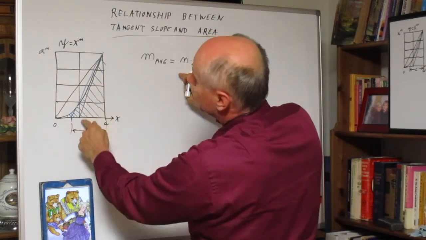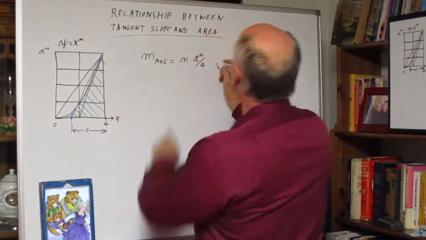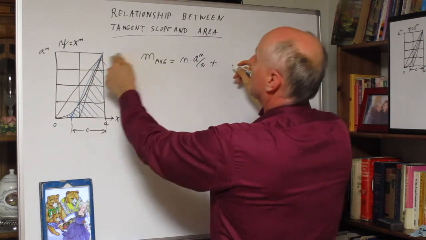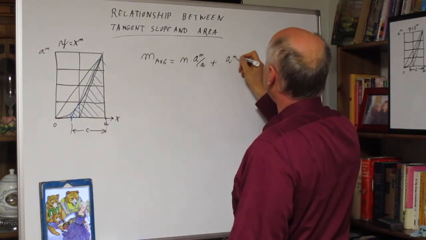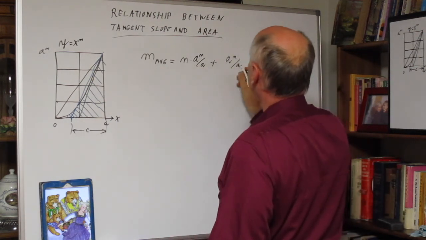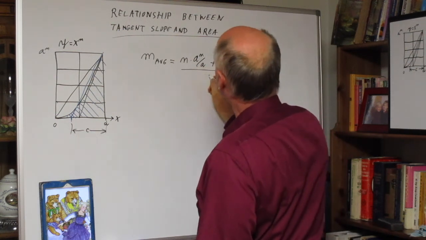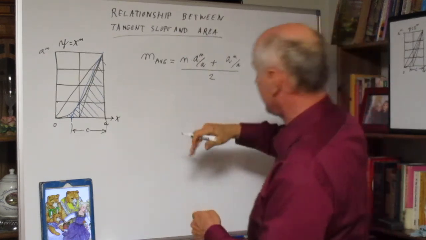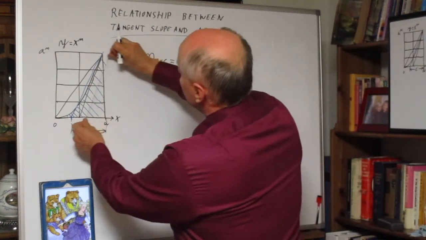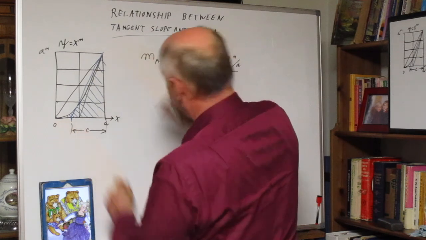That gives you the tangent. Well, plus the diagonal itself is a to the n over a. And the whole thing is over 2 because it's the average, right? That's what we're after. That gives you this average slope.